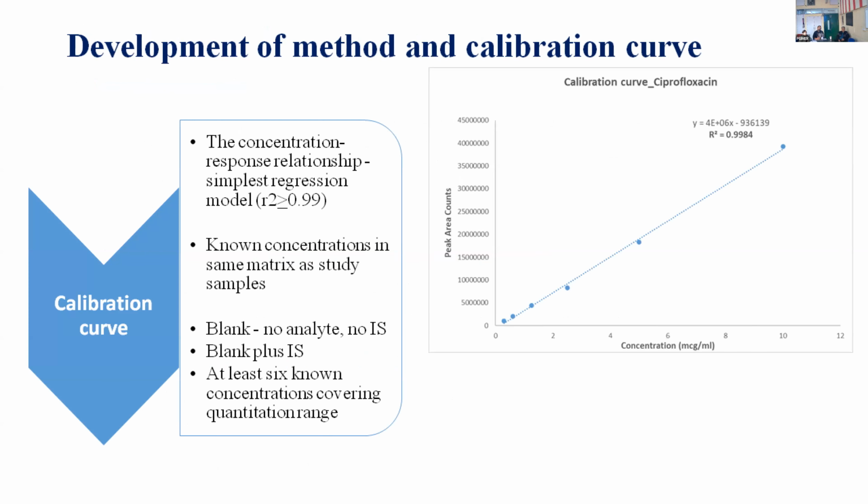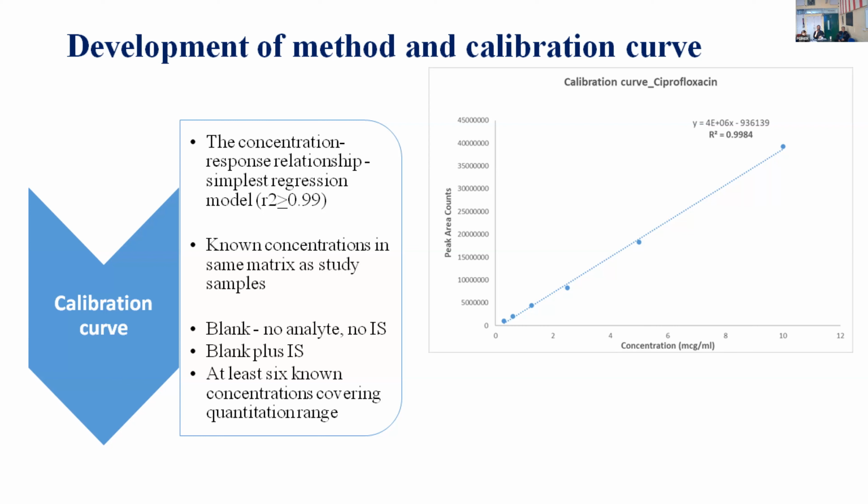For generation of the calibration curve, we need to run at least 8 samples, of which 6 are samples of known concentration, which cover the quantification range we need for further analysis. One is a blank without IS, the internal standard, and one is with the internal standard.